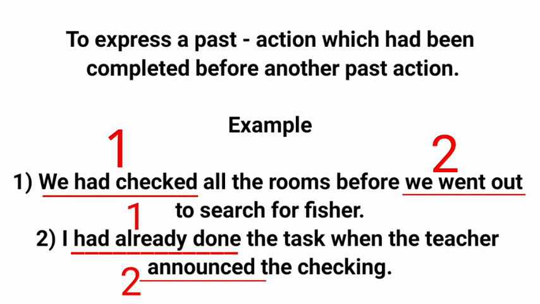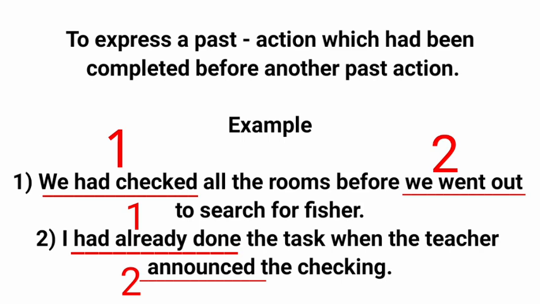So action 1 is had checked all the rooms and action 2 is went out to search for the fisher. So this means action taken place earlier, action 1 will take past perfect and action 2 will take simple past tense.